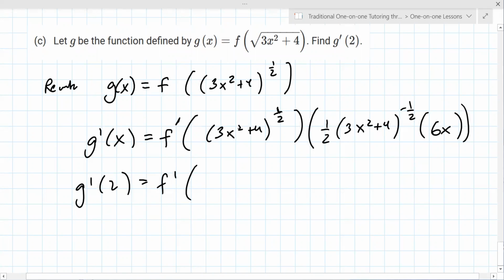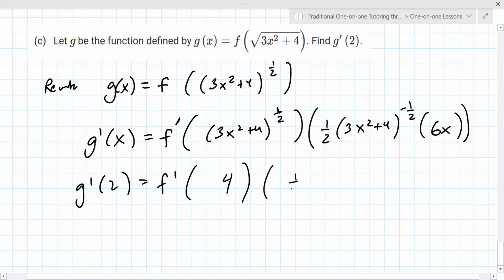So it's 3 times 2 squared, so that's 4 times 3, so 12, plus 4 is 16. Square root of 16 is 4. Now, this is where you got to be an even better student. You got to realize you just did 3x squared plus 4 to the minus 1/2. So that's 4, but it's the minus 1/2, not just the 1/2.